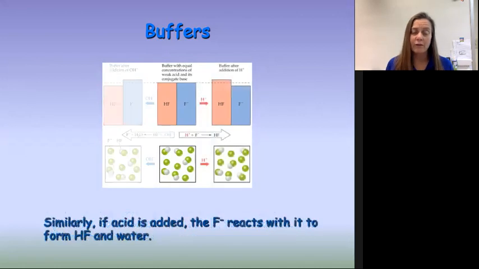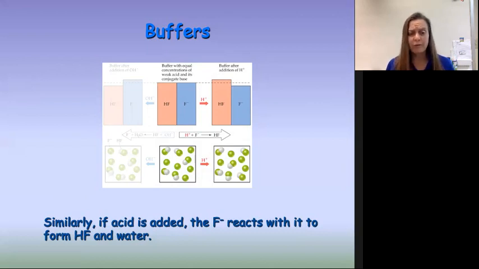On the other hand, if we added acid to this solution, the acid is going to react with that conjugate base, that fluoride ion, and it's going to form the weak acid, hydrofluoric acid, and water. So again, it's not really going to change the amount of hydrogen ion in solution, so there's going to be very little pH change.